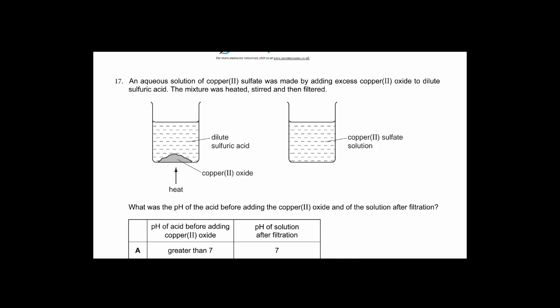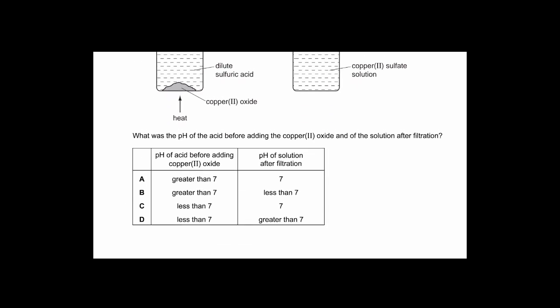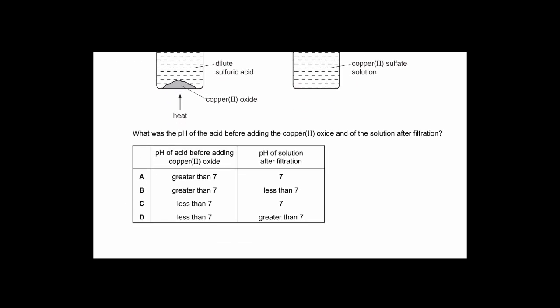After filtration, we are having this substance, which is copper 2 sulfate. What is the question? What was the pH of the acid before adding copper 2 oxide and of the solution after filtration?